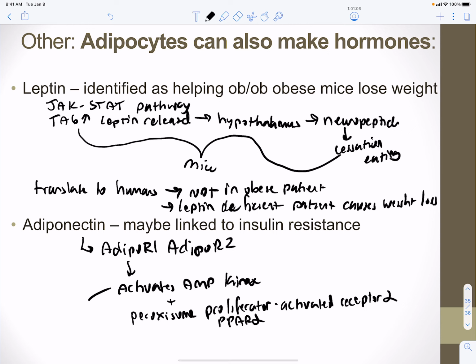And so this adiponectin is released as size increases.